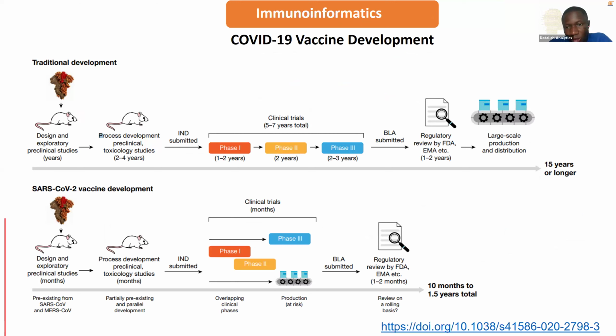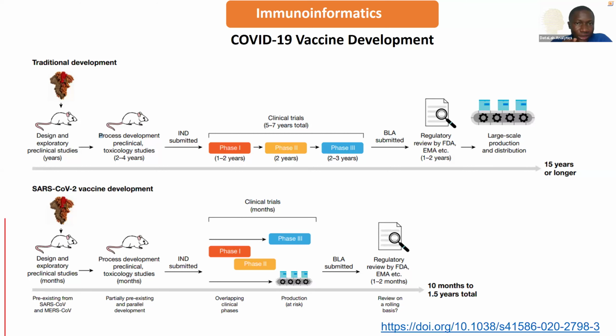If we just picture what happened during the COVID-19 era, the pandemic era rather, you can see that COVID-19 started in December 2019, right? And at the end of 2020 to 2021, we already had a series of approved vaccines. We had approved vaccines at the end of 2021. So this is as a result of bioinformatics.